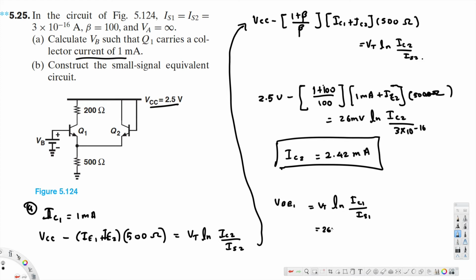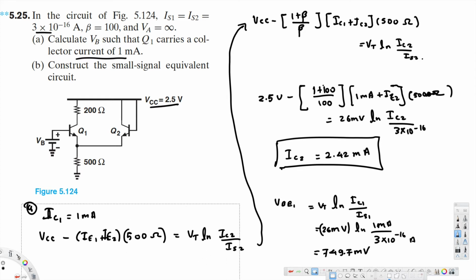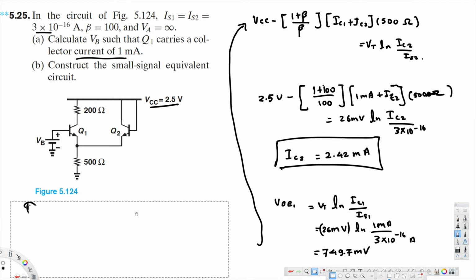VT is 26 millivolts, this is a constant value, ln of IC1, which is 1 milliampere, divided by IS1, that is 3 times 10 to the power of minus 16 ampere. That gives us 749.7 millivolts. Okay, let's get rid of these parts and continue here.